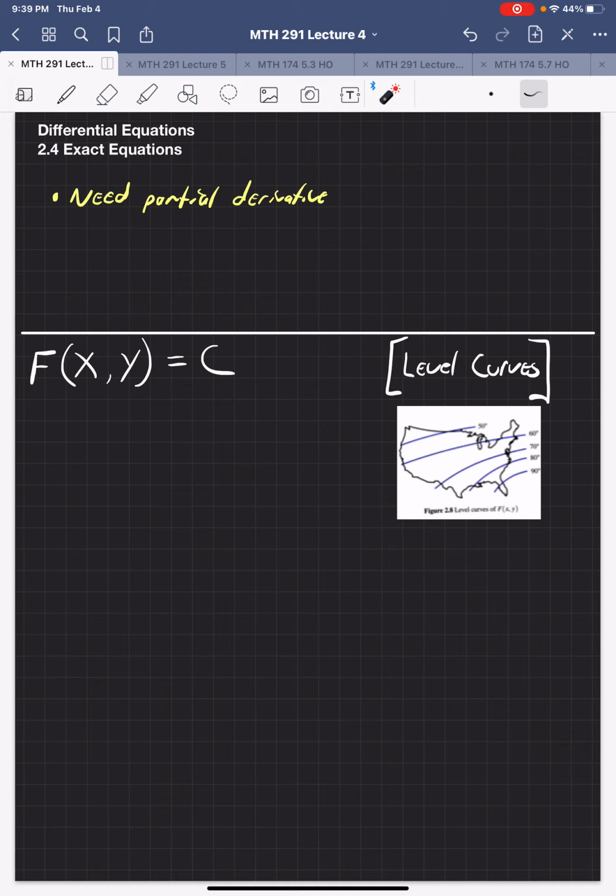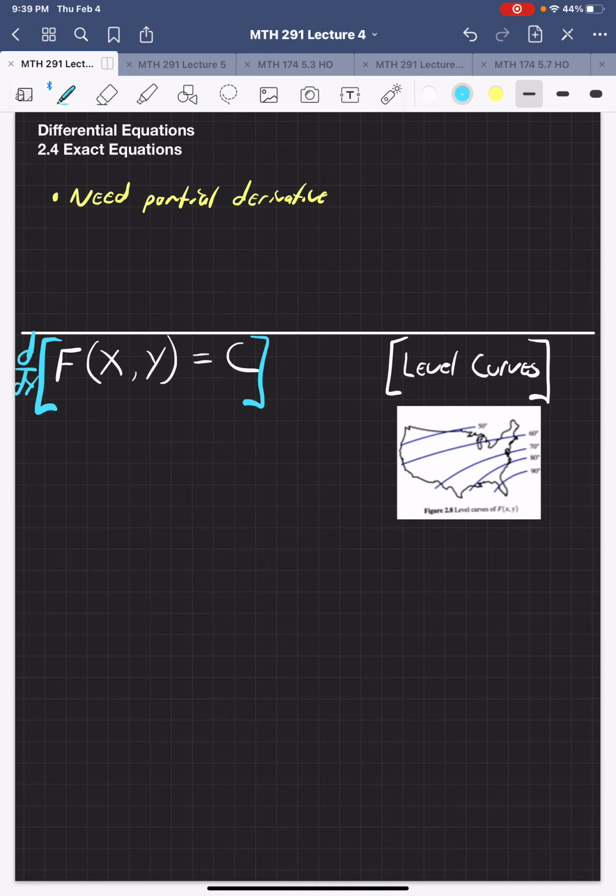Now, to get to exact equations, first let's get to a differential equation, and then we'll get to an exact differential equation. This won't take very long, but what we're going to do is take the derivative of both sides of this level curve with respect to x. And you recall that if you take the derivative of a multivariable function, you would have partial derivatives.